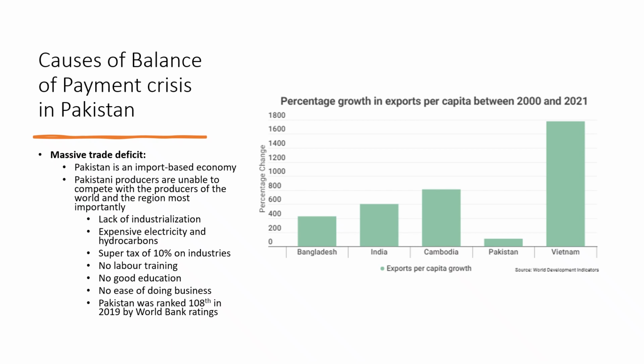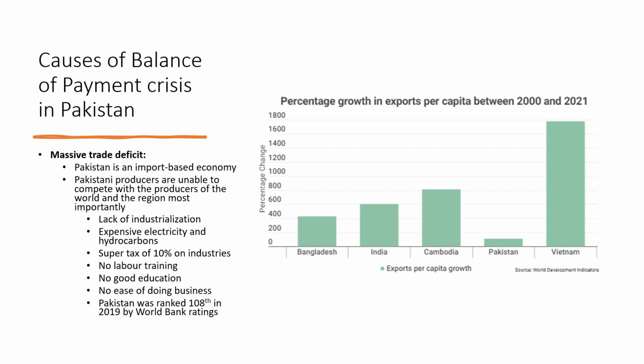Then we do not have efficient labor, and there is no labor training. Then there is no good education, there is no research and innovation, and no ease of doing business. A data that I was studying, Pakistan was ranked 108th in 2019 by World Bank ratings in the ease of doing business.